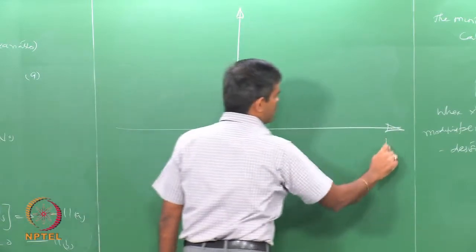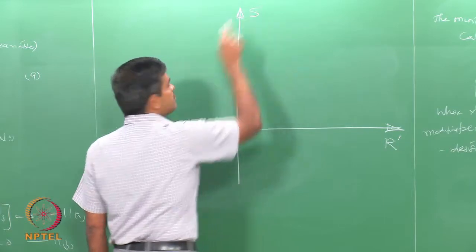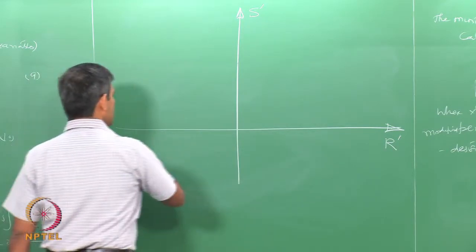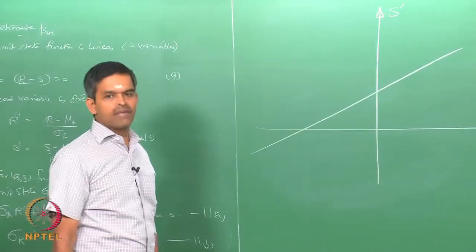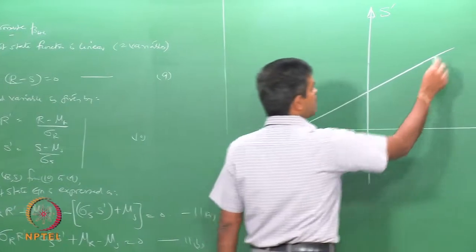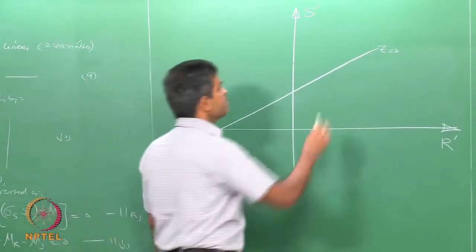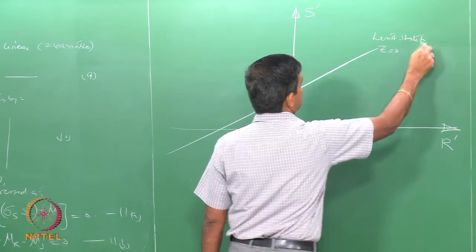Let us say this is my r prime, this is my s prime. Let us say this is my linear limit state function, because it is r minus s, a linear equation, where z is 0 or z prime is 0, that is the limit state function which is taken for the problem.